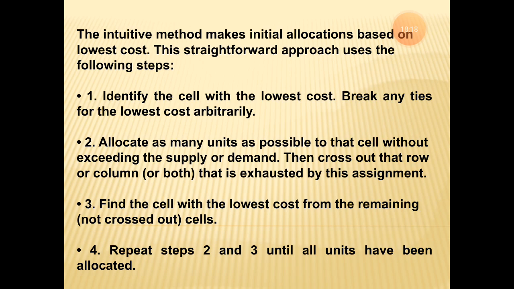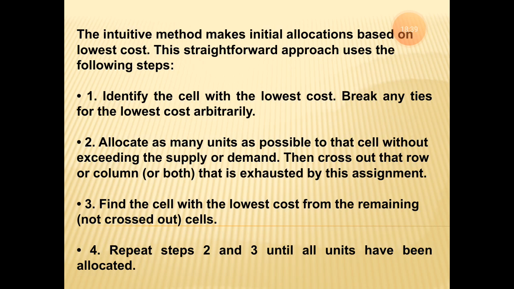Note that point, without exceeding supply or demand. We have to allocate to the minimum cost in the matrix. Then cross out the row or column or both that is exhausted by this assignment.